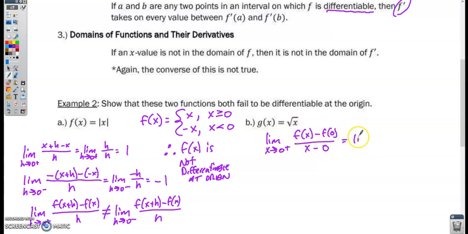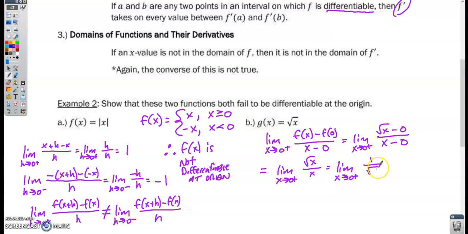This is equal to the limit as x goes to 0 from the right of the square root of x minus 0 over x minus 0, which if we simplify is the limit as x goes to 0 from the right of square root of x over x, which is equal to the limit as x goes to 0 from the right of 1 over the square root of x.